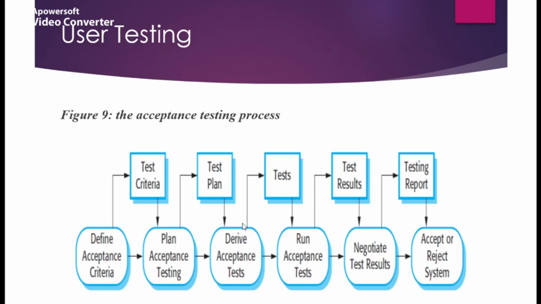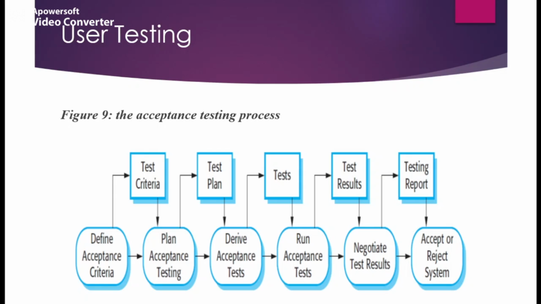Then collect all those tests. Using those tests, you can run them. You have the tests with you, so start running them and you get the test results. Negotiate test results means you can come to some point to agree.